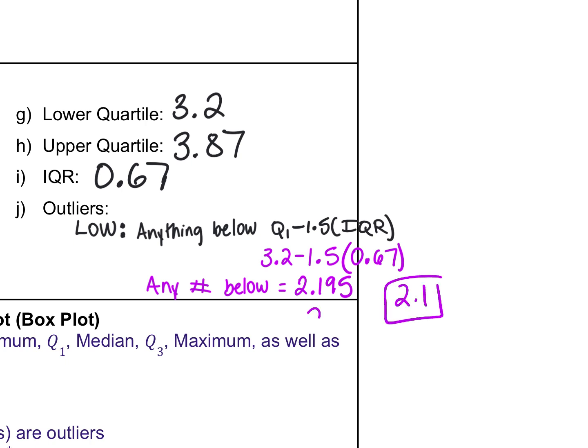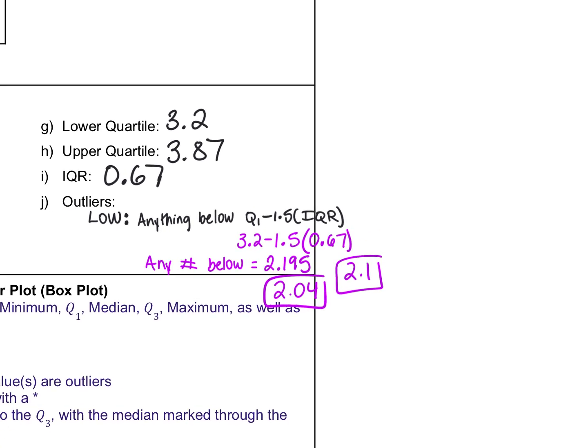And 2.04, are those the only two? Yes. Okay, so I'm boxing in both of those. Both of those numbers are outliers. They are low outliers. And then lastly, I've got to check for my high outliers.